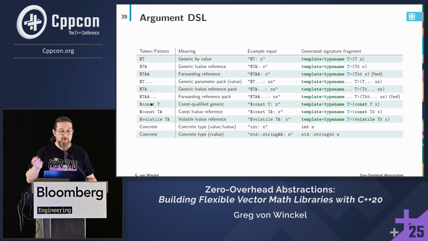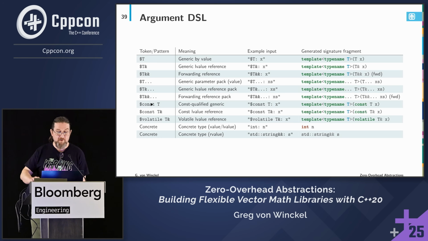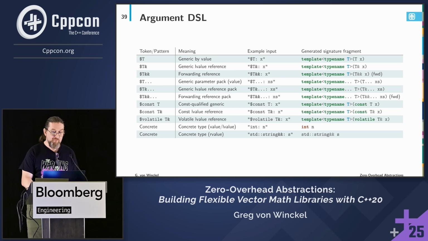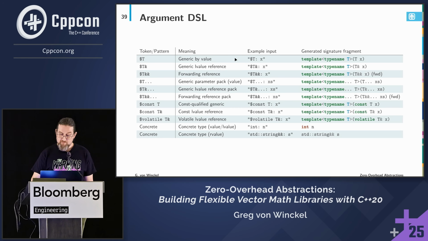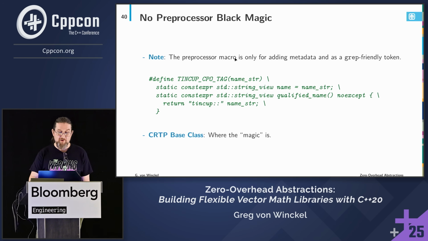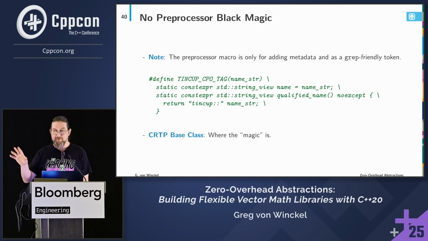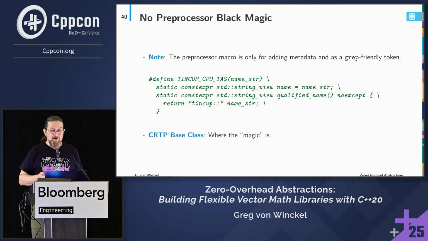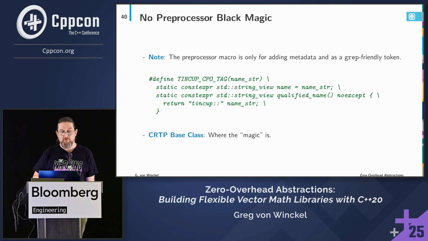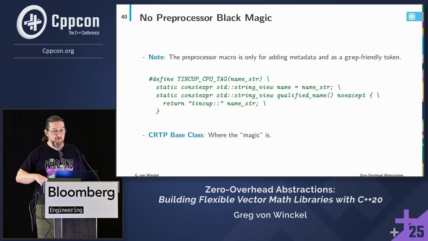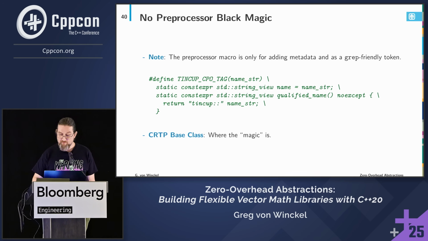You can write const $T or $const T and so forth. Same thing with volatile. And just to say this, for the CPO tag, there's no preprocessor black magic here. This is just for purposes of being able to make clear compiler errors, and being able to easily grep through code for places where this thing exists.